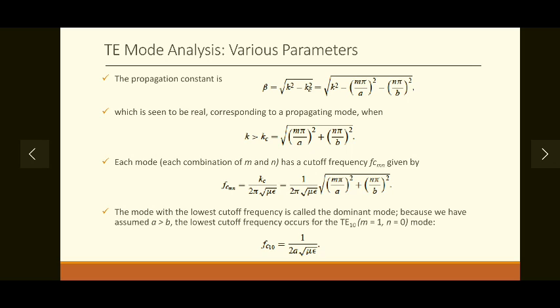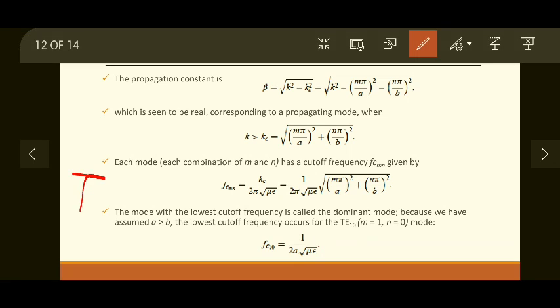And then for each mode there will be a cutoff frequency which will be given by kc upon 2 pi square root of mu epsilon. Substituting the value of kc, you will find the cutoff frequency. Okay, so for a waveguide, if we try to find the cutoff frequency, we know that a is always greater than b. So if we substitute m equal to 1 and n equal to 0, it is the TE10 mode.